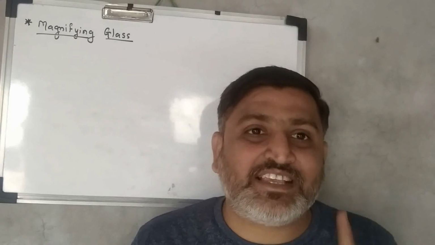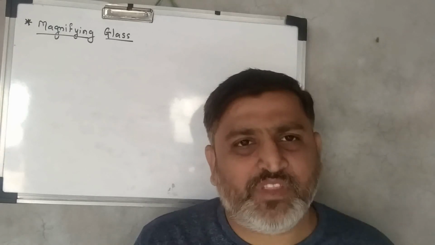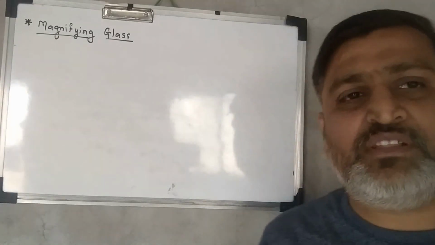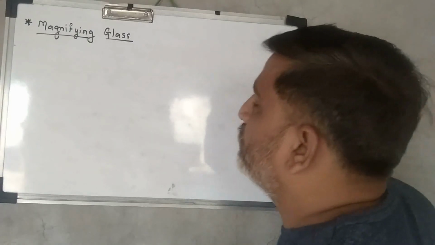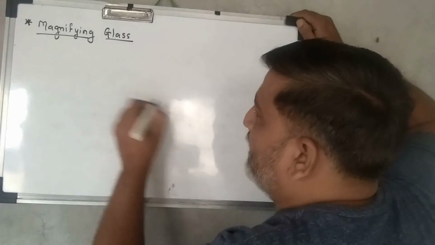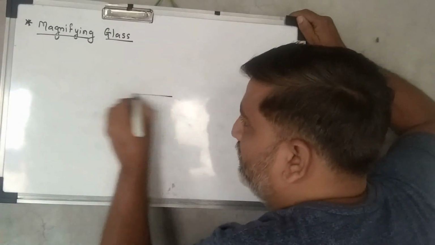And this case 6 diagram is the same for the magnifying glass. Let's start with this, okay? Now when the object is placed below the magnifying glass, what happens?